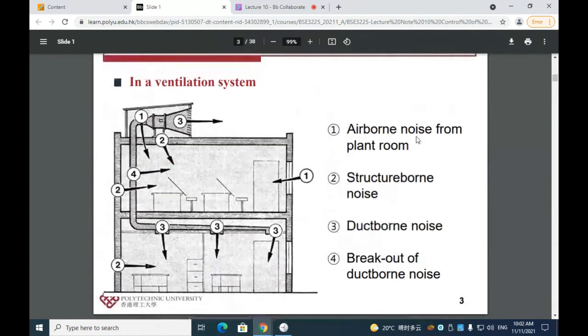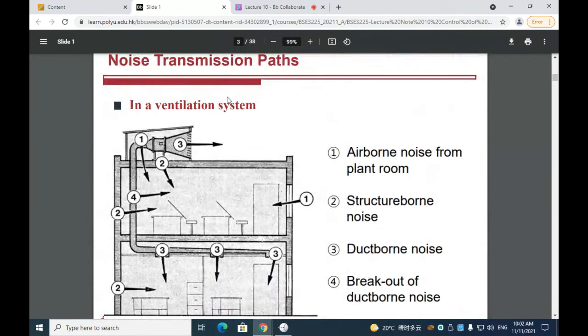Okay, so first we will be looking at the noise transmission paths in a ventilation system as shown here. Obviously the major source of the noise is the fan, and the first noise transmission path is the airborne noise from the plant room, and the plant room is where the fan is normally located.